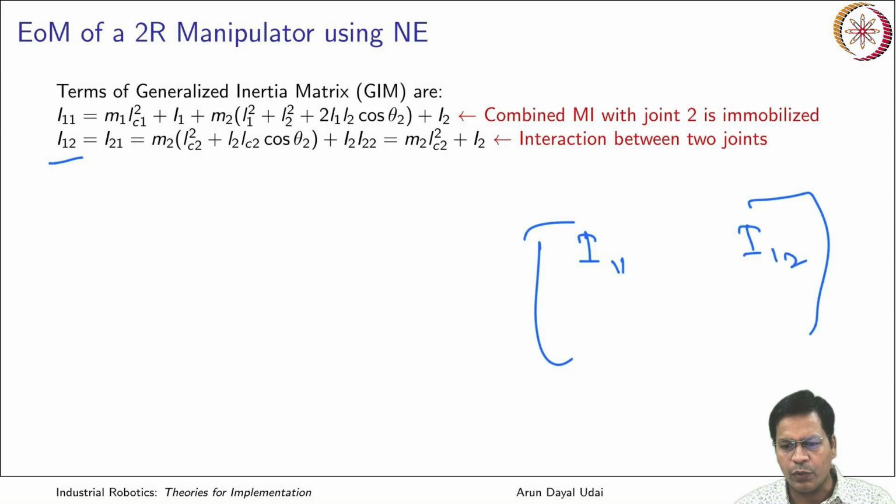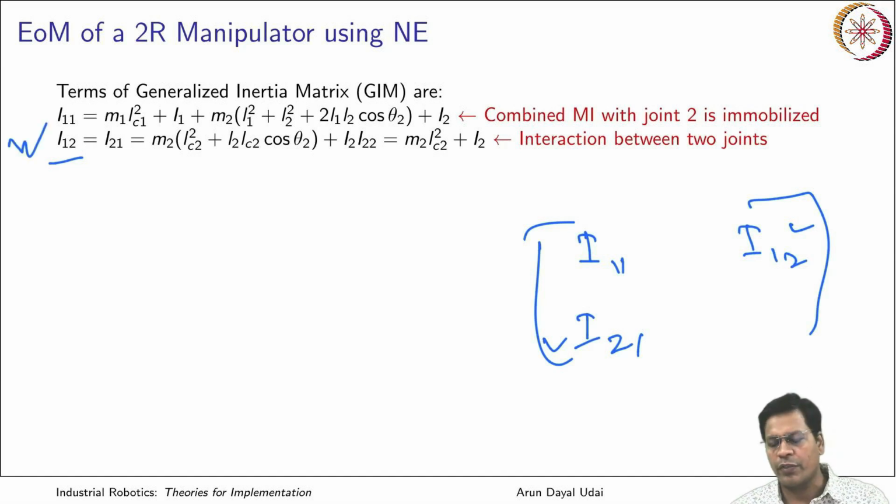I12 and I21 are basically the interaction between the two links. Because of the combined action of the two links in motion, this is the moment of inertia.